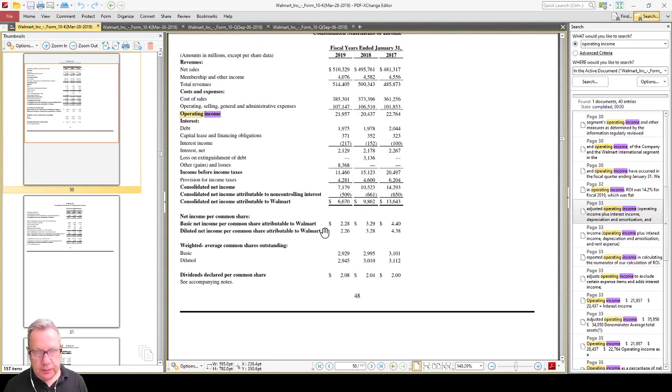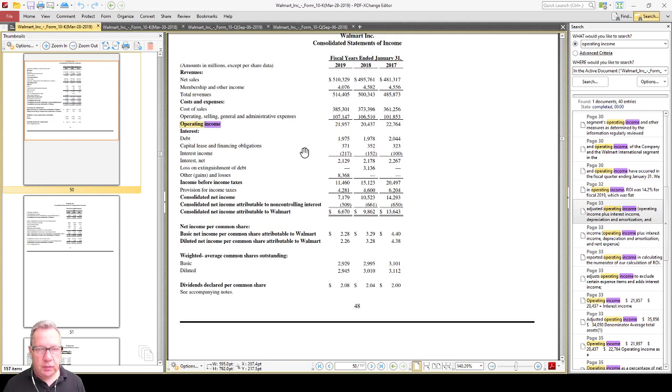Here we go. From the income statement, we've got the operating income is $21 billion for 2019. So we'll put it in over here, 21,957. And at the same time, we'll get 2018, which is 20,437.